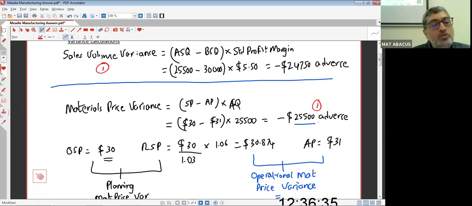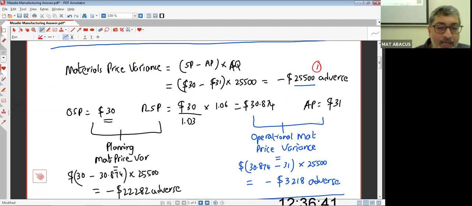So if you do not do the planning, you still get 1 mark. But if you have done the planning, then you'll get 1 mark here and 1 mark here for the operational and the planning variance. They are also willing to give 1 mark for the revised standard price. So you can get up to 4 marks for this.